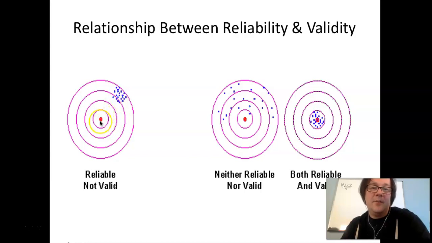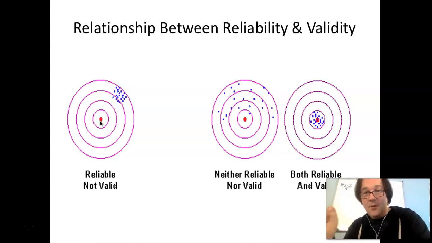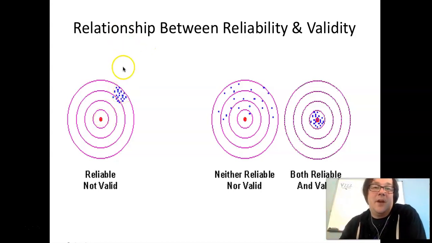If this is the bullseye, this means we're measuring everything exactly how we want to measure it, but look at where all our measurements are. We're totally missing the mark, right? The scale is not valid because here's where our measurements are, and my scale says, nope, I'm measuring this right here. And my results are saying, nope, you're measuring something way out there.